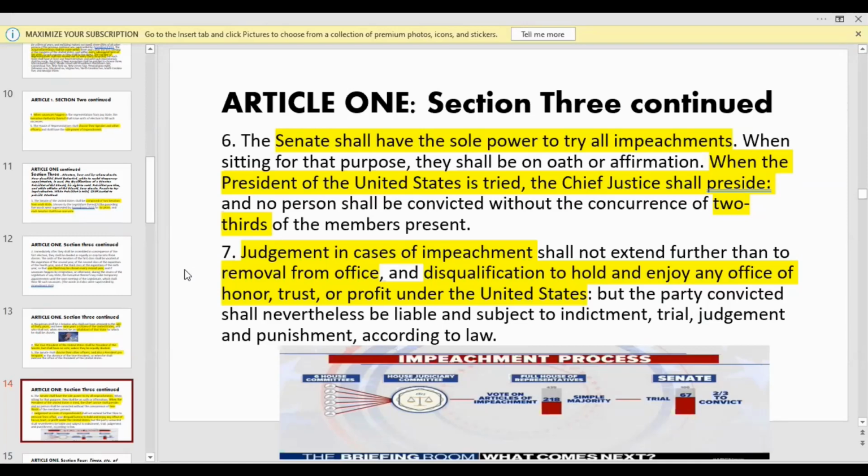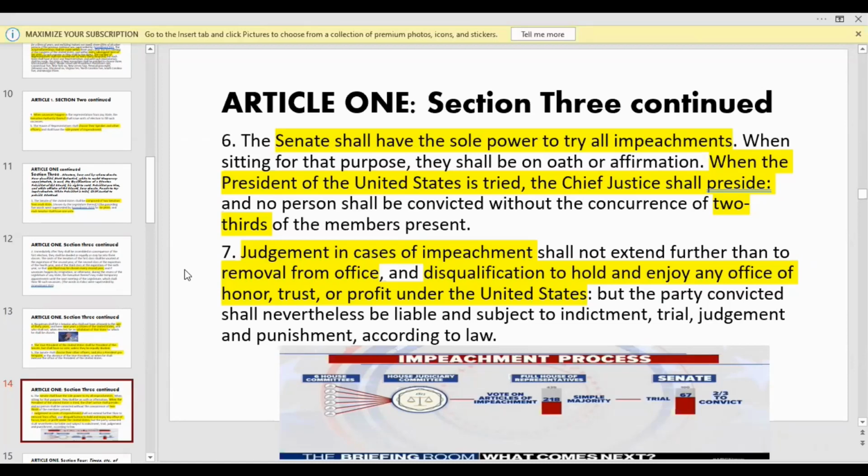But other people can be impeached as well. Any Article 2 or any Article 3 officer can be tried for impeachment. In those cases, the Chief Justice does not preside. It is the Vice President of the United States or the President pro tempore who presides over the impeachment process.